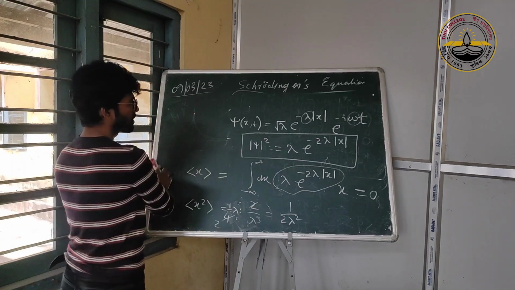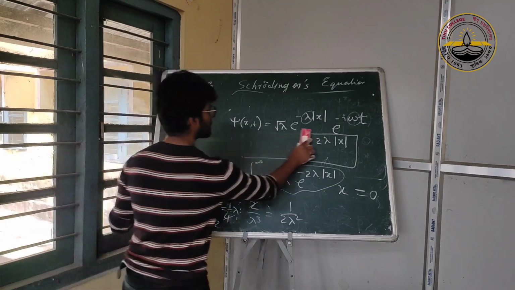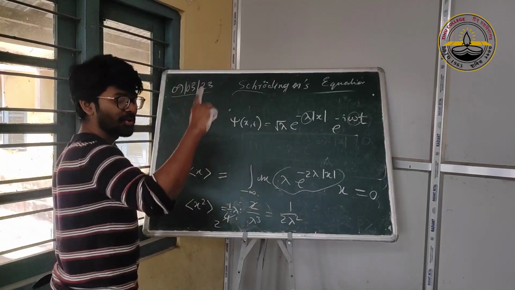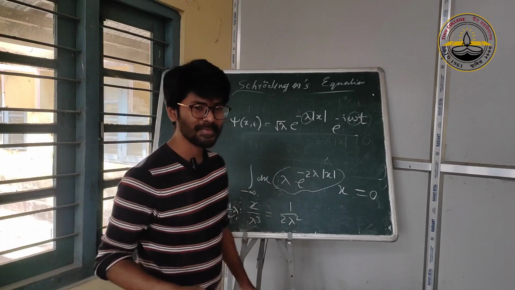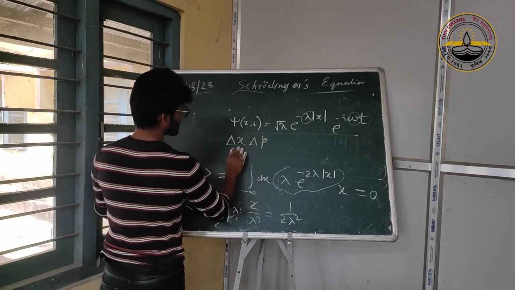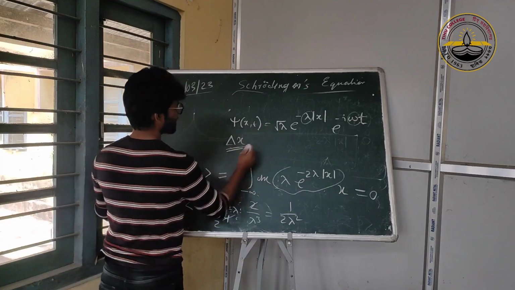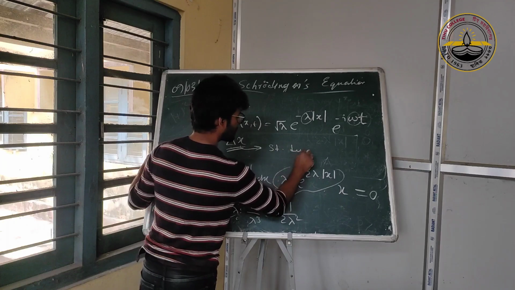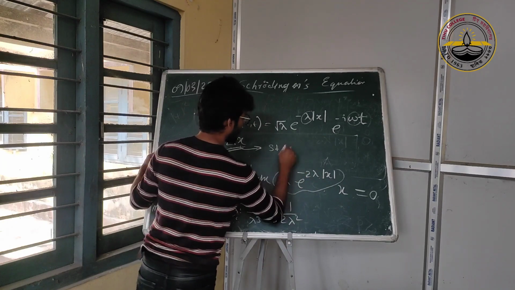And somewhere, probably I told you that in your uncertainty principle, we got this del x del p. So this del x, we call this a standard deviation.